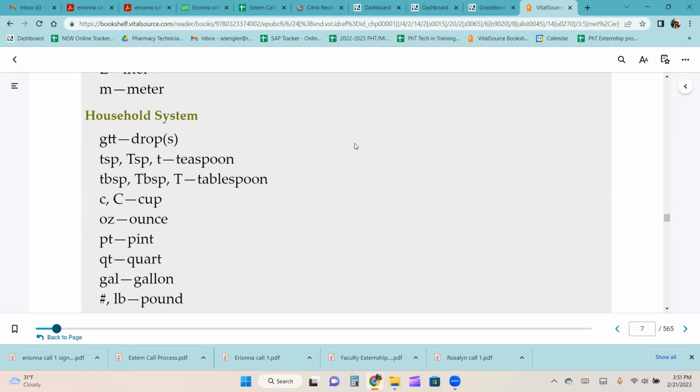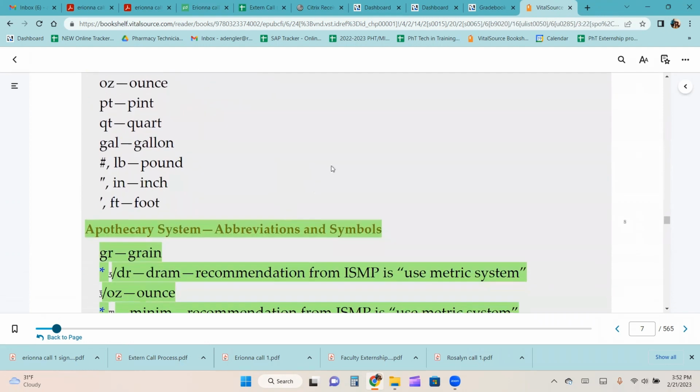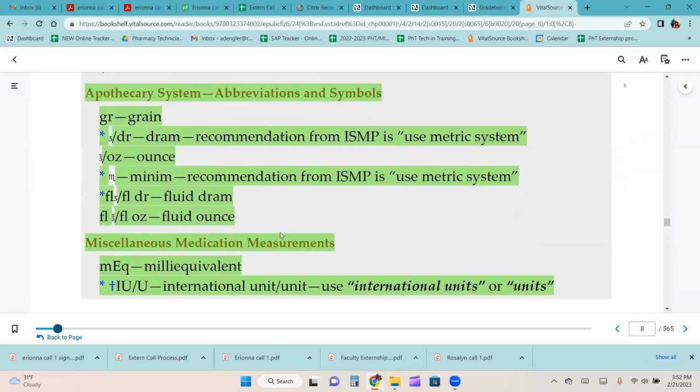Tablespoon is TBSP with an uppercase T. Lowercase c and uppercase C are supposed to represent cup, OZ ounce, PT pint, QT quart, GAL gallon, the pound sign or LB for pound, the quotation mark symbol for inch, the apostrophe for foot. And then for the apothecary system, we have GR for grain.